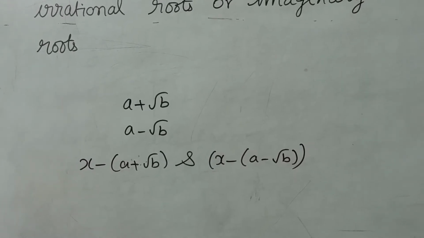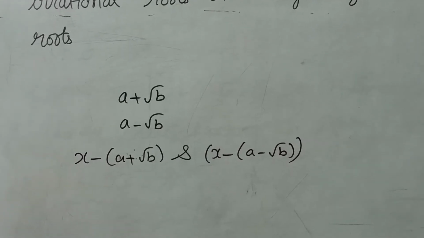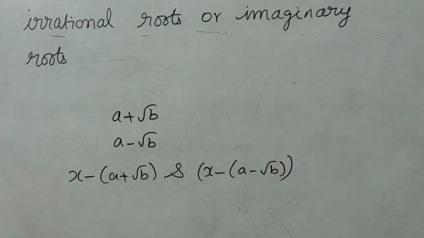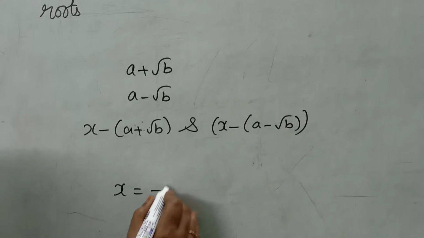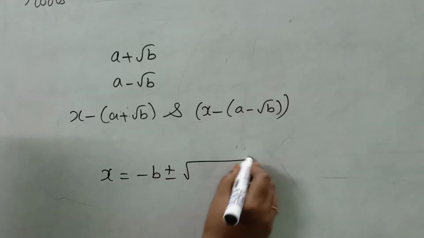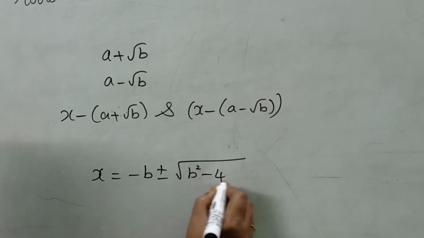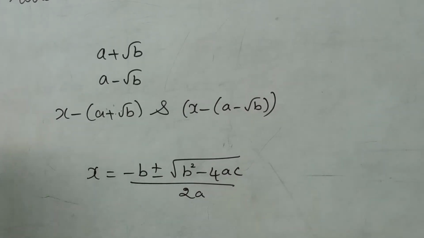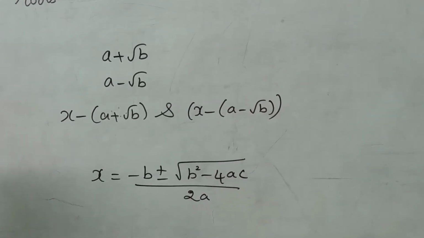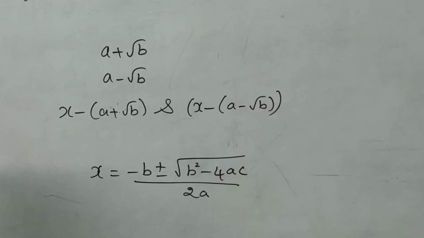To solve this exercise, we have to know the quadratic formula. The quadratic formula is x is equal to minus b plus or minus root of b square minus 4ac divided by 2a, where a, b, c are the coefficients of x square, x and the constant term.